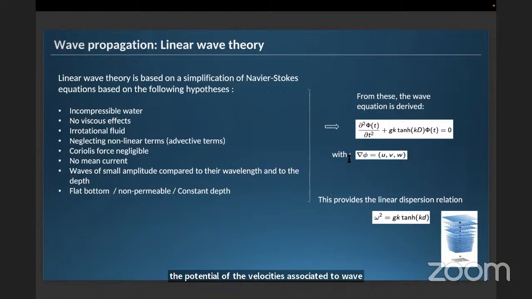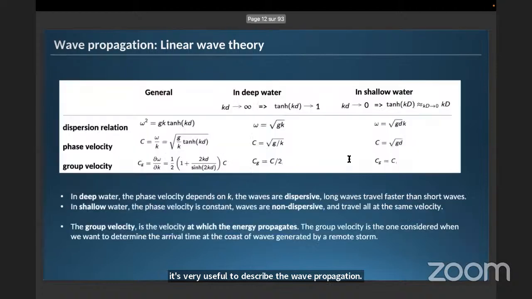And it's very useful to describe the wave propagation. So now, with this framework, if we look at the general view of the dispersion relation, we can have an associated phase velocity and group velocity. The phase velocity is the velocity of evolution of the crest of the waves, and the group velocity is the evolution of the energy of the waves.